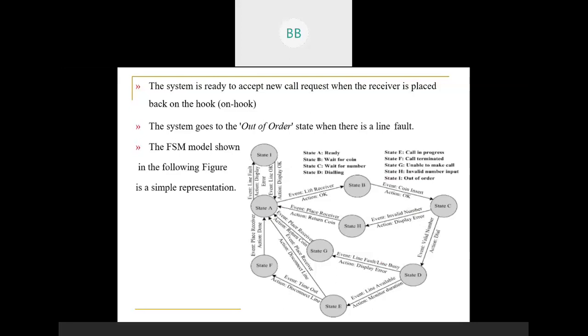If the user doesn't insert another 1 rupee coin, the call is terminated on completing the 60 seconds time slot. Now the system is ready to accept a new call request when the receiver is placed back on the hook. The system goes to the out of order state when there is a line fault.